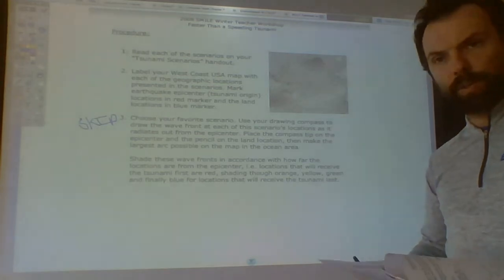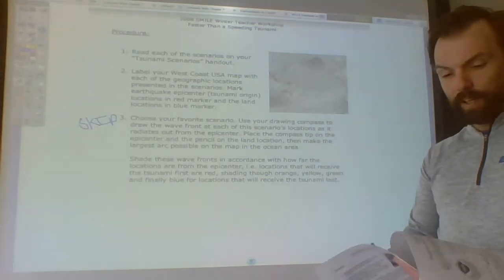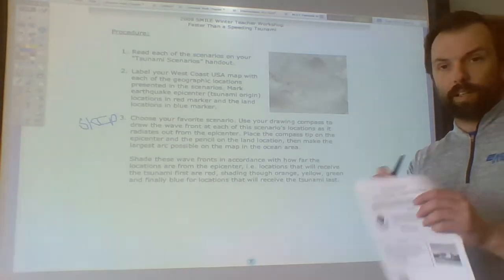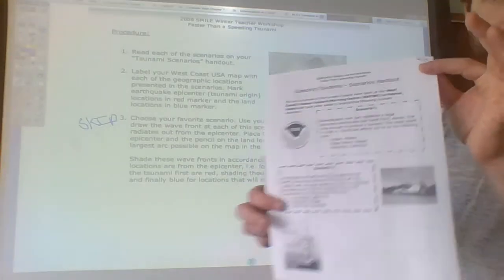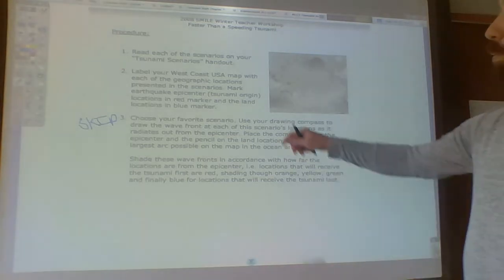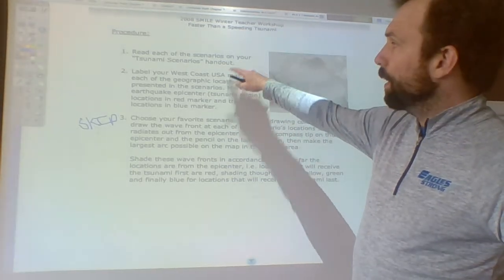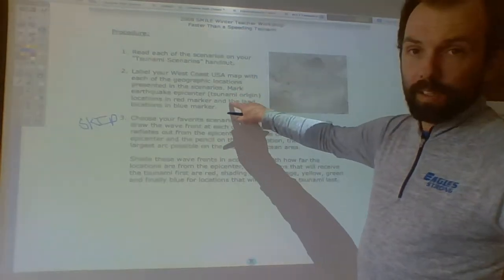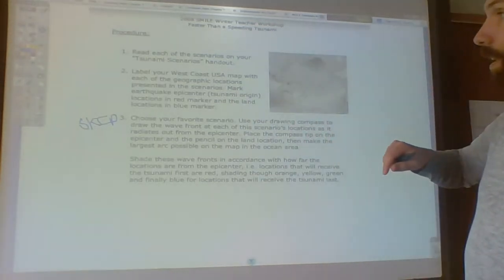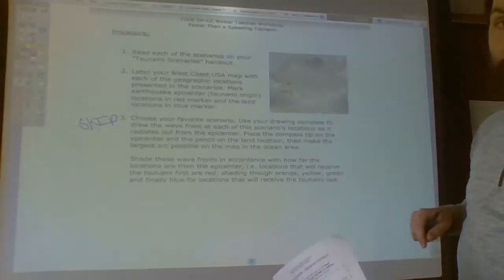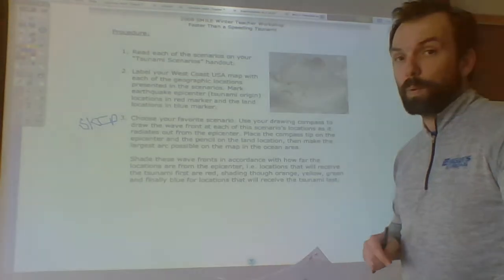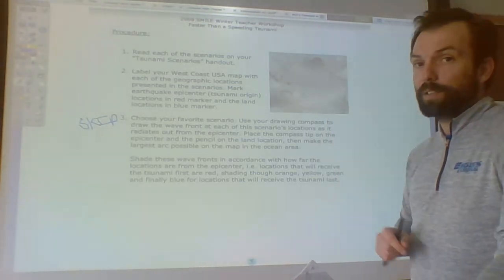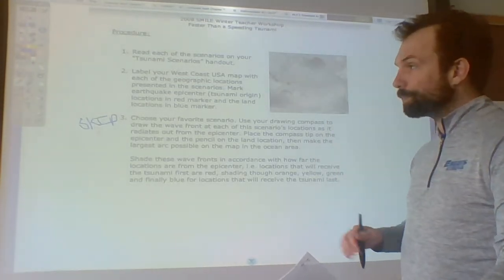There's two catastrophic events you could choose from. The scenarios are located on the very back of your handout. We're going to pick a scenario. We're going to label the cities and the epicenter involved, and then we're going to use that information on the map to figure out the distance. We're going to calculate the speed and so on.